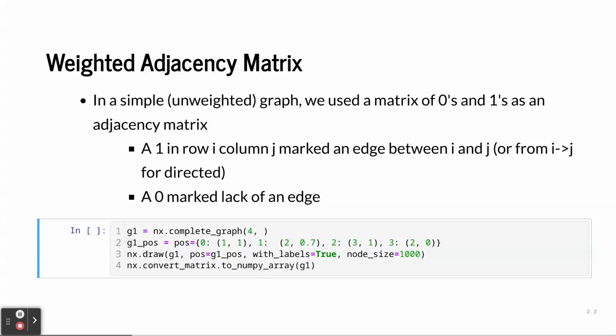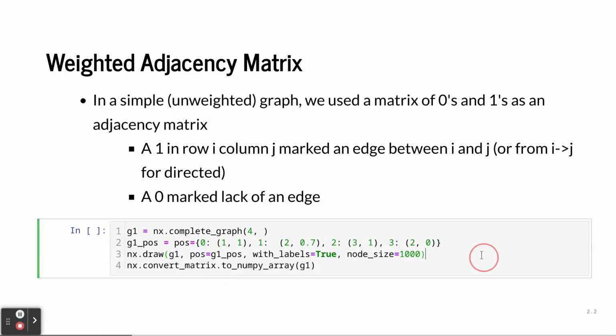If we had a 0 in row I, column J, that would indicate that there is no edge between nodes I and J. On the other hand, if there was a 1 in row I, column J, that would mean that there is indeed an edge between node I and node J.